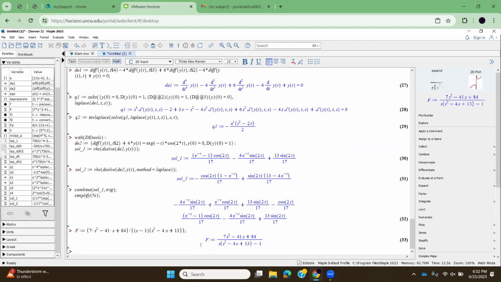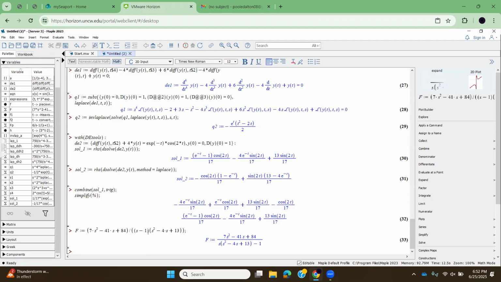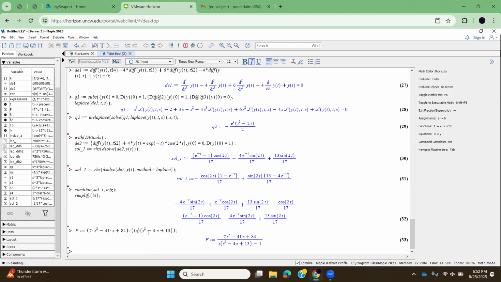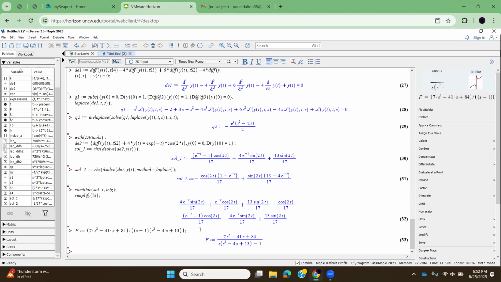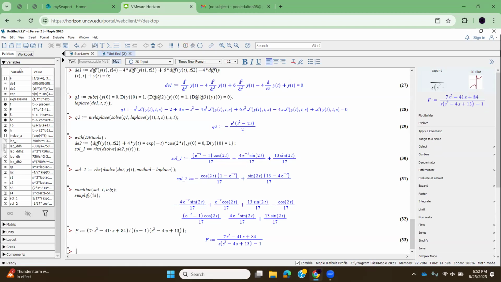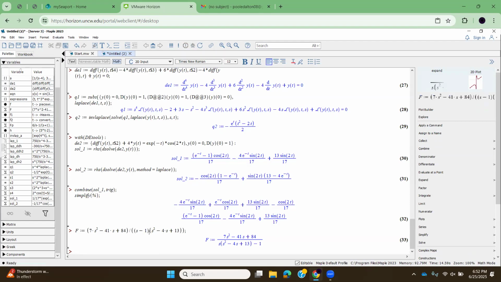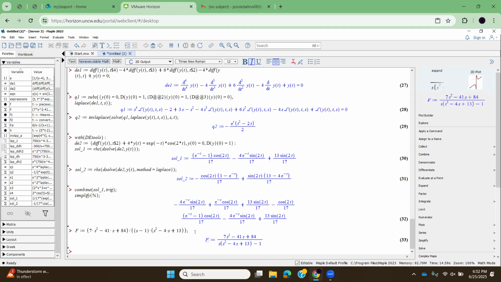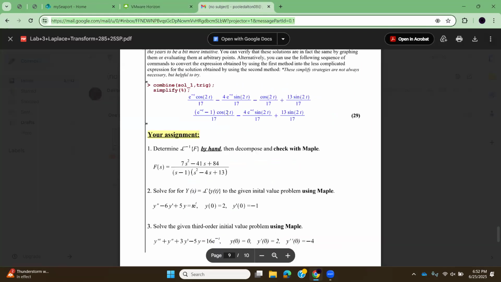Hold on. What is it doing? Hello? This is a parenthesis. Oh, come on. Here, let's try this. Maybe Maple's being extra dumb. Oh, there you go, Maple. So you just need a little bit of a hand.